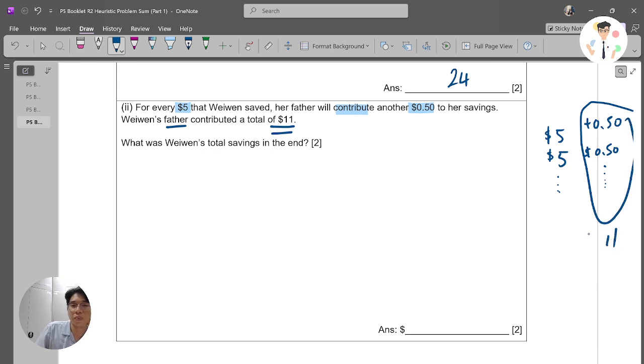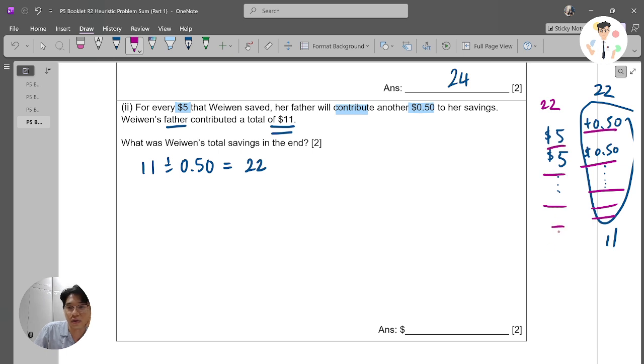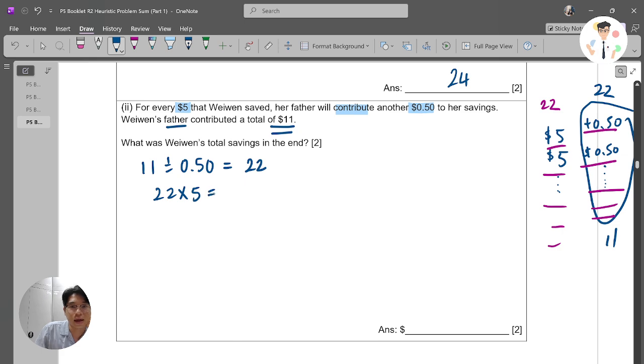Then how do I know how many 50 cents I actually added in? 11 divided by 50 cents, and you will find it's 22. This means I have 22 lots of 50 cents. And if I have 22 lots of 50 cents, that means I have 22 lots of $5. So 22 times 5 gives me 110.